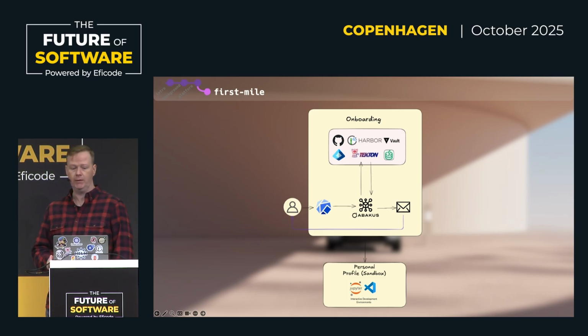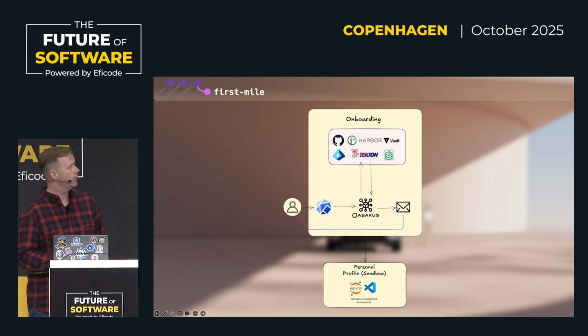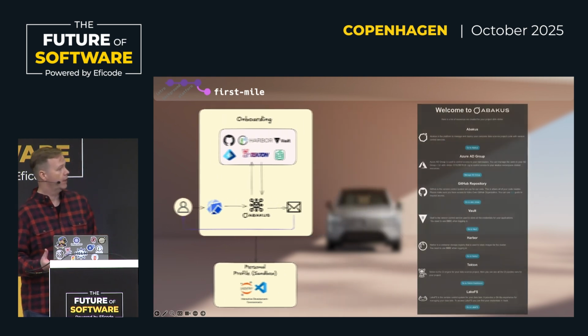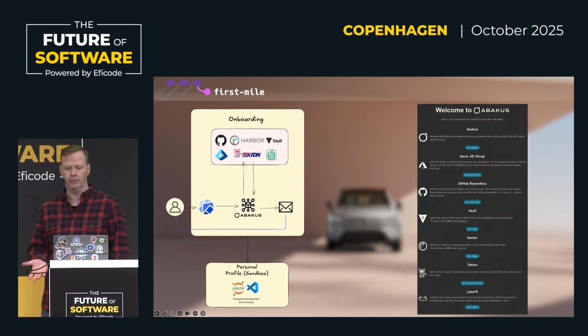We also deploy the CI infrastructure, which is then used to create the Kubeflow pipelines later on, and we use Tekton for that. And then finally, we create an Azure AD group to tie together the access to all of these various services. And the result is that the user receives an email with links to all of those services that we've created for them.